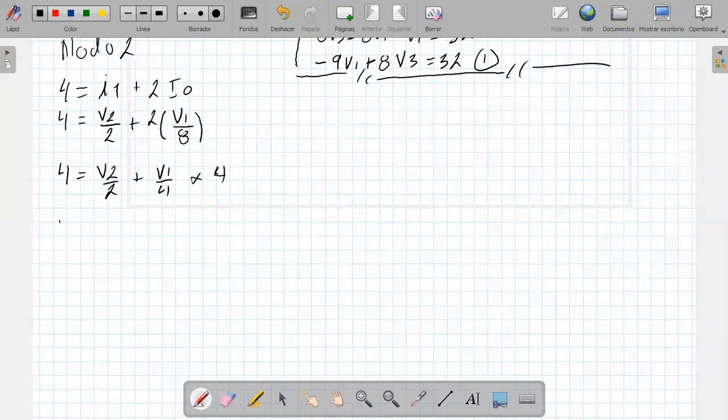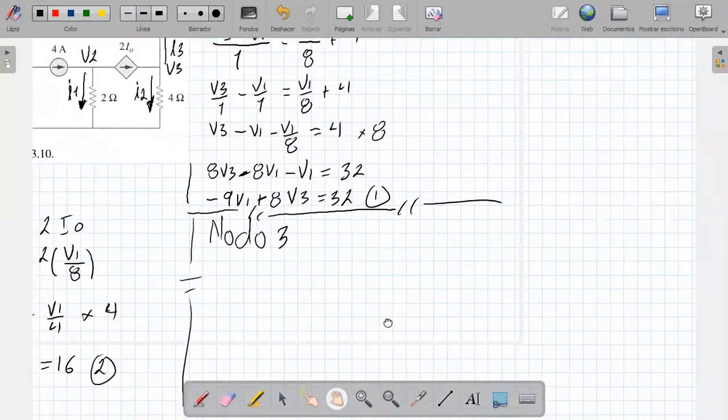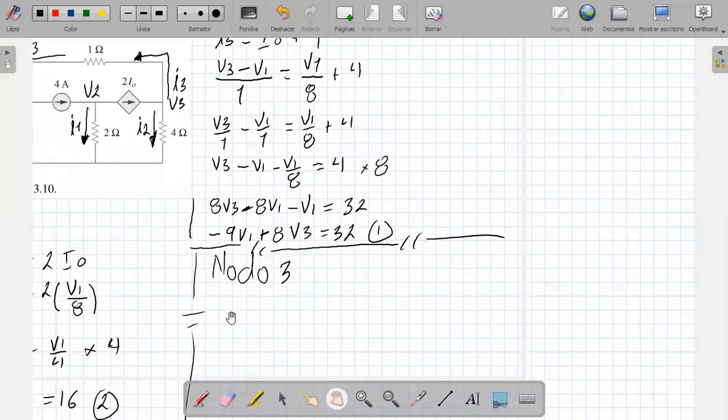Now in node 3, which is the one at this point, I obtain that the current that enters is the dependent current source, which is 2I sub 0, and no more enters, and those that leave will be I2 plus I3.